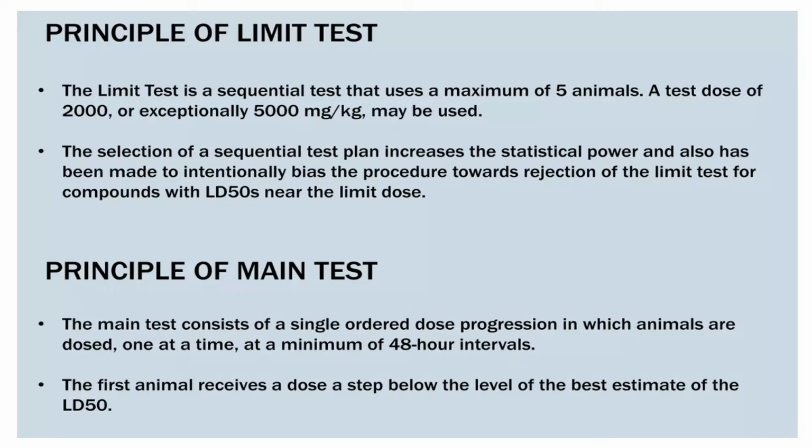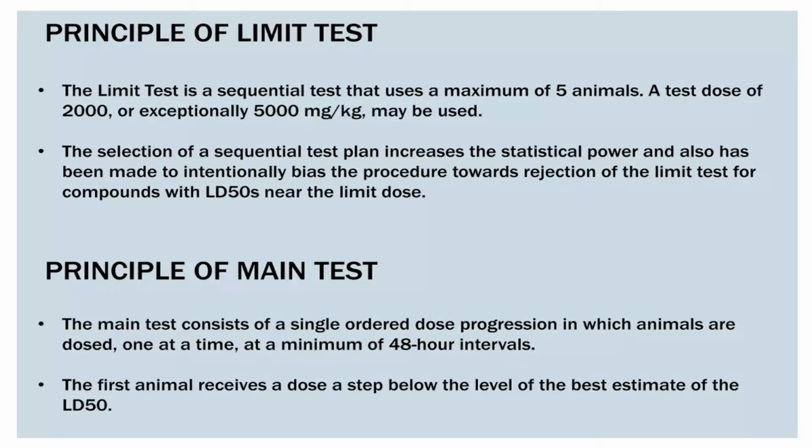In case you want to check the 5000 dose, you can go 3 more times. If you have given 5000 dose sequence-wise to three animals, then you can go further up to 3 animals with the same dose.